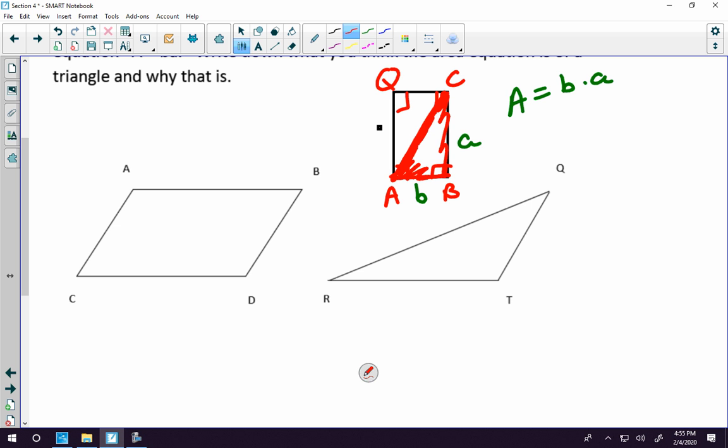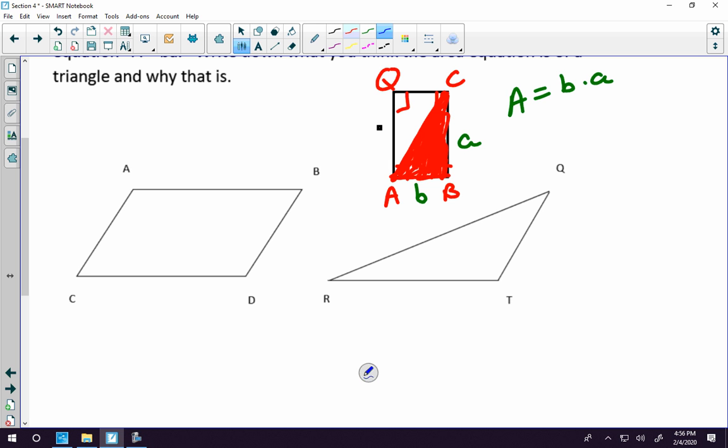So what must be the area of this triangle in relationship to that original rectangle? I'm hoping you would say the area of that red triangle is half the area of the rectangle. Correct.